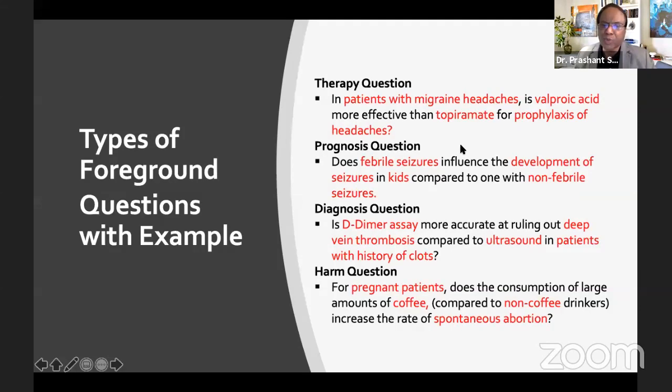Or in prognosis: does a febrile seizure influence the development of seizures in kids compared to those with non-febrile seizures? If you look at all these words highlighted in red, they tell you the patient or population, intervention or exposure, comparator, and the outcome that we are interested in.